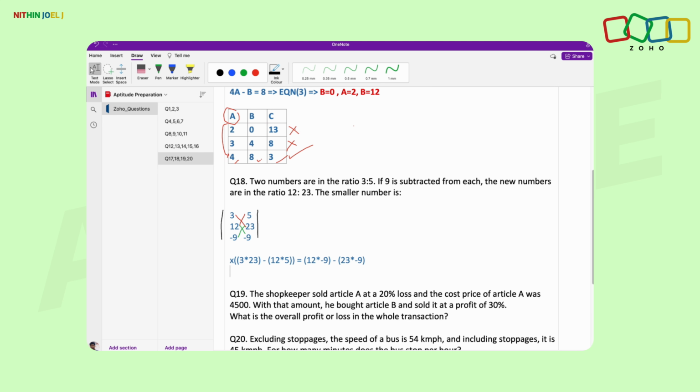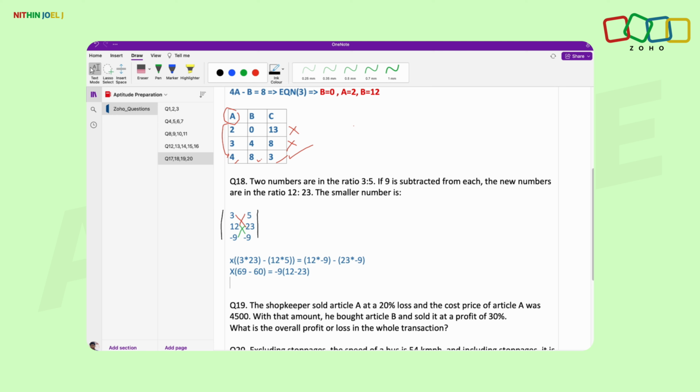So now x into 3 into 23 will be 69x, minus 12 into 5 will be 60x, which is equal to 12 into minus 9 and minus 23 into minus 9. Since minus 9 is common in both terms, I'll take minus 9 as common, and 12 minus 23. So 69 minus 60 will be 9. So 9x is equal to minus 9 into 12 minus 23, which is minus 11.